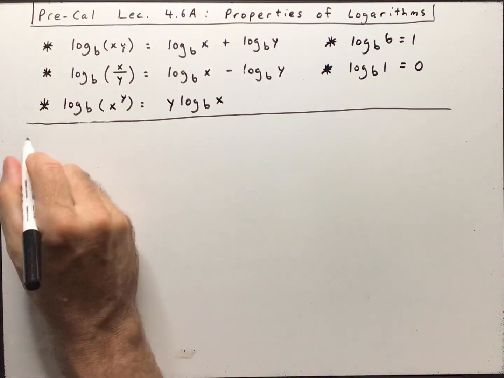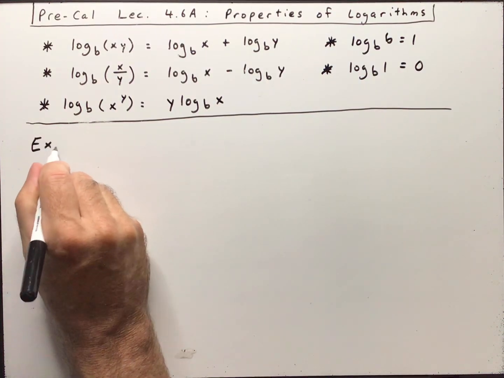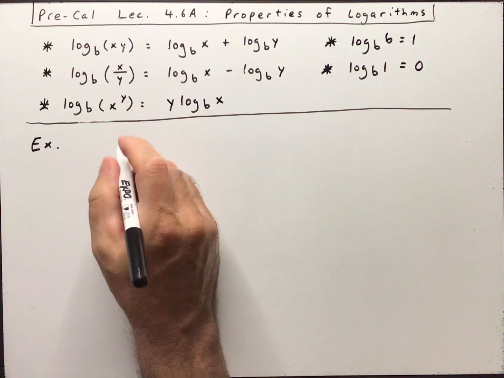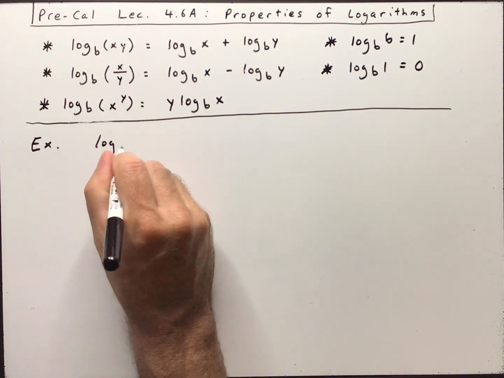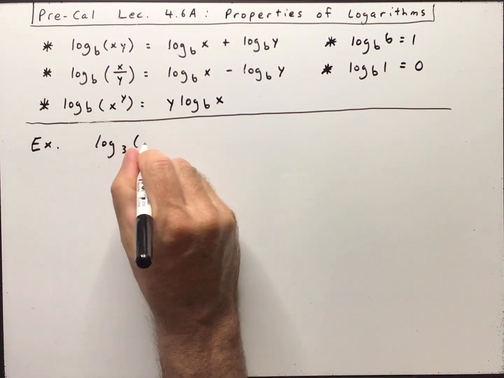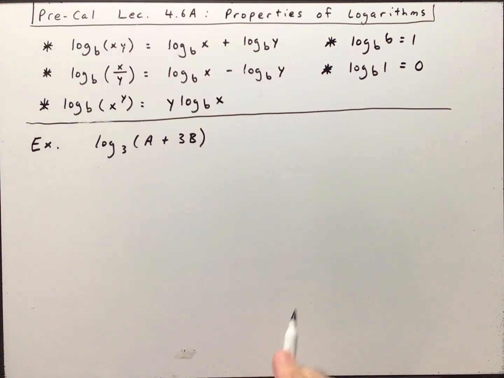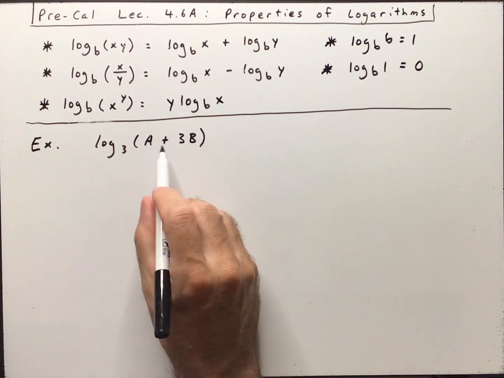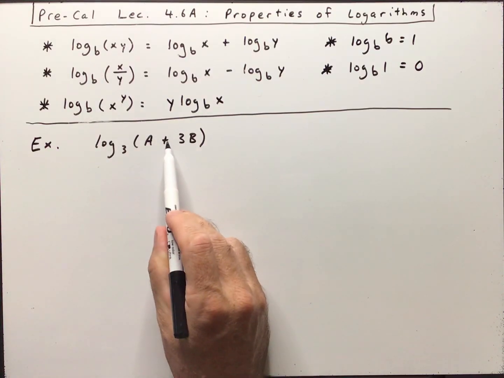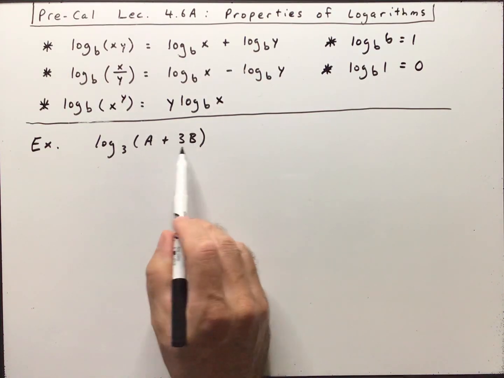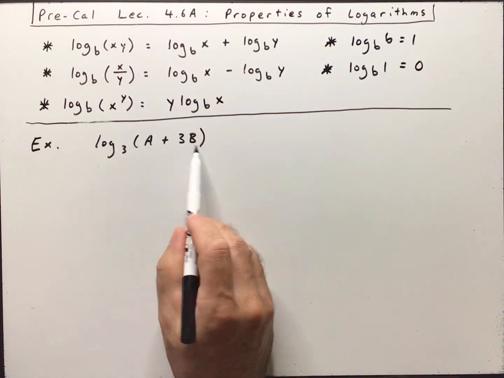All right, our next example, you might notice I didn't leave much room to work it. We want to expand and simplify log base 3 of a plus 3b. All right, this we don't have a rule for. When you have a sum inside the parentheses, you can't do anything with that.